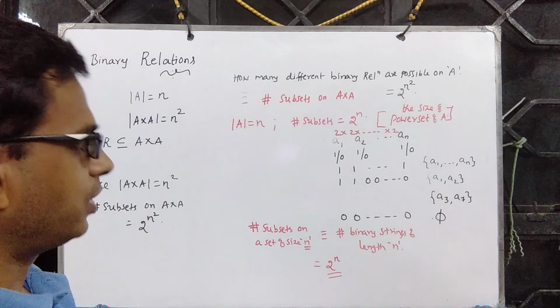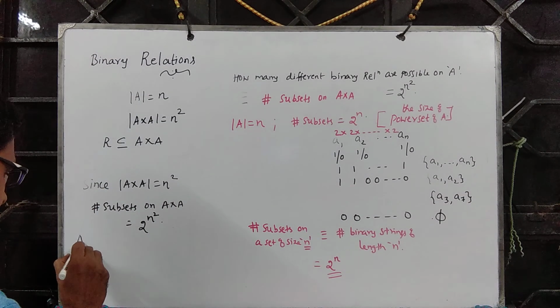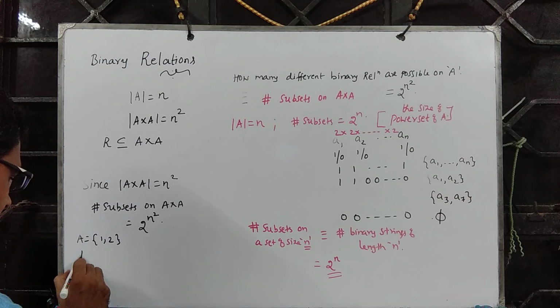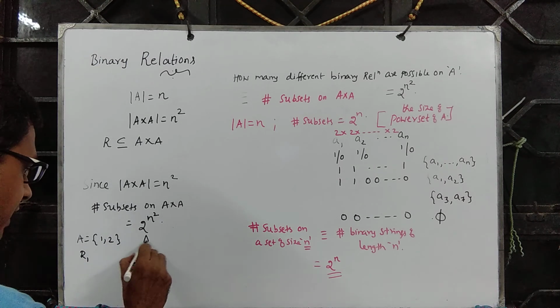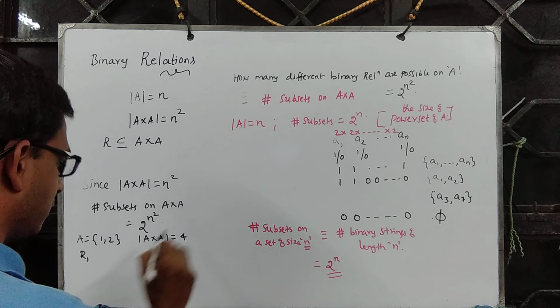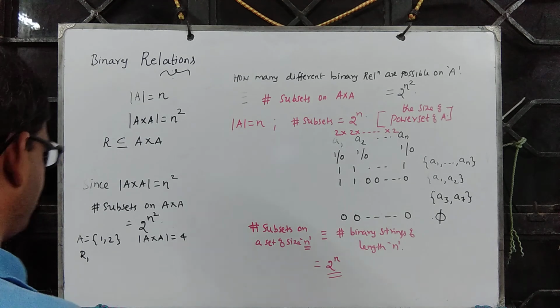One can list all of them. For example, if A happens to be {1, 2}, we know that A cross A has 4 elements and the number of binary relations is 16.